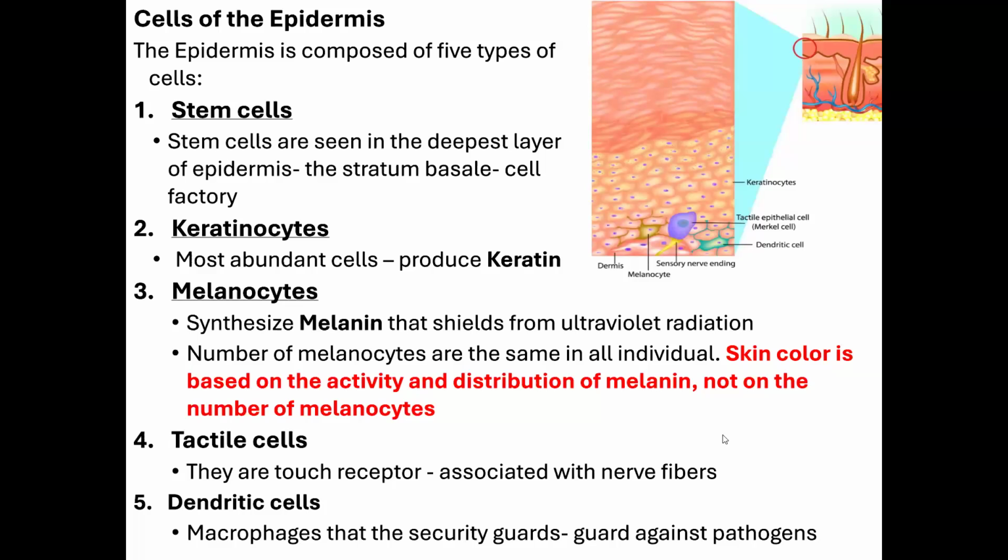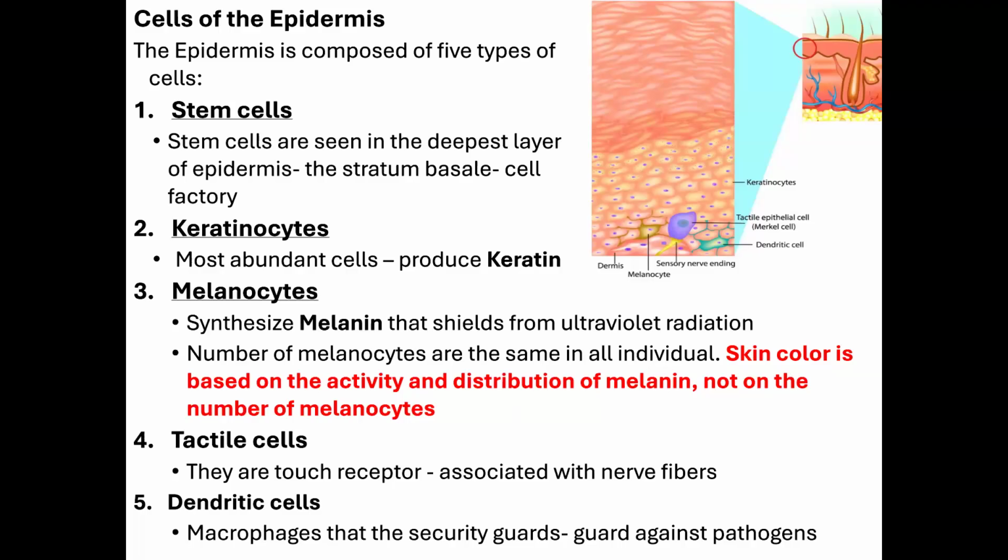Then there are melanocytes, which produce melanin. Melanocytes, good or bad? Good, because it protects you from UV radiation, which causes cancer. Is the number of melanocytes constant in all people?